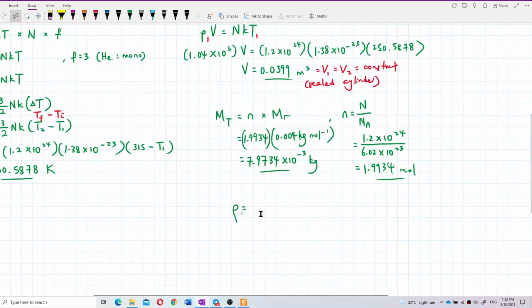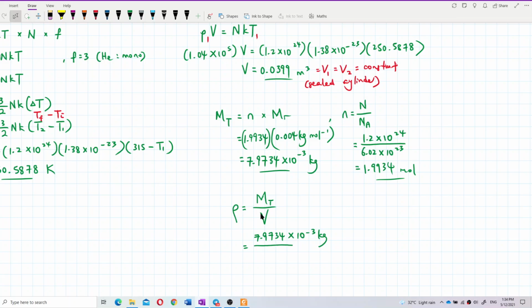Just take the total mass, 7.9734 exponent -3 kilogram, divide by the volume, 0.0399 meter cube.